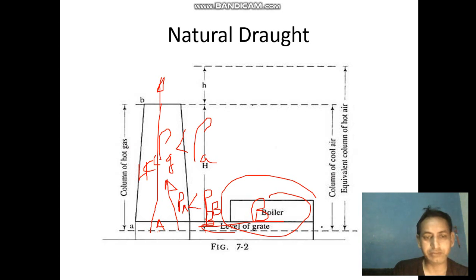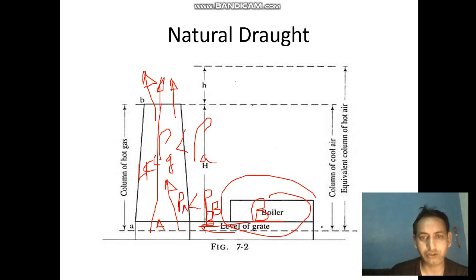As the height of the chimney increases, the gases filled into the chimney also increase, and the draught will always increase. But there is a limitation: we cannot increase the height of the chimney beyond a certain height, because the cost of manufacturing the chimney increases. So we develop a certain draught with the help of this chimney, which is called the natural draught.